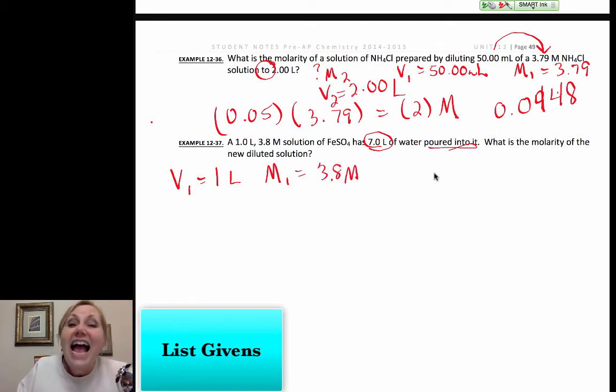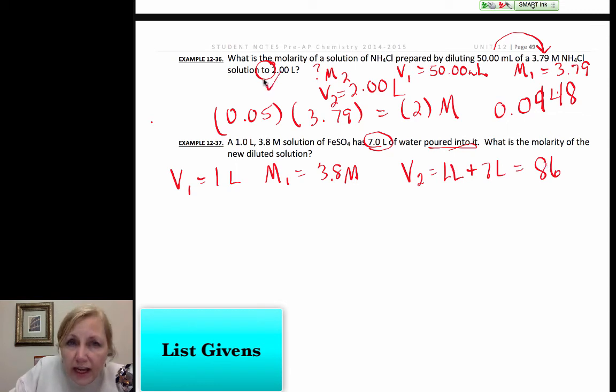Now I added 7 liters to my original. So my volume 2 is 1 liter plus 7 liters, or 8 liters. So pay very close attention to whether you're diluting it to a volume or you added a volume to it. Just a little tricky on there.